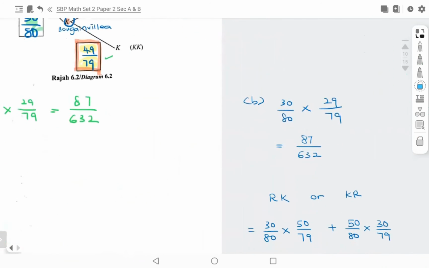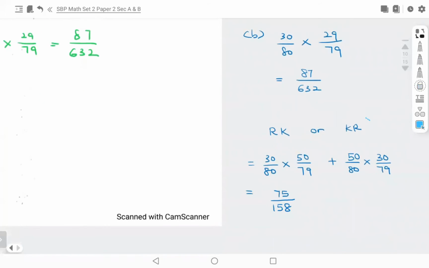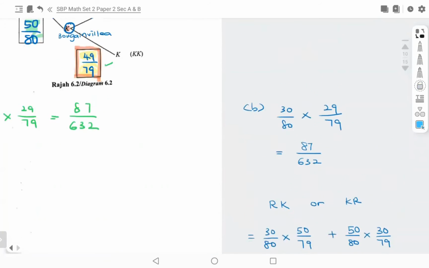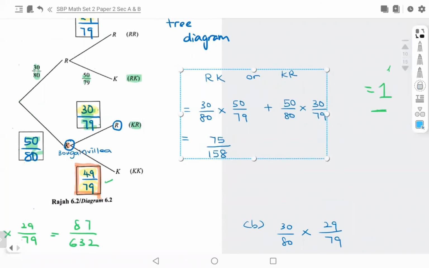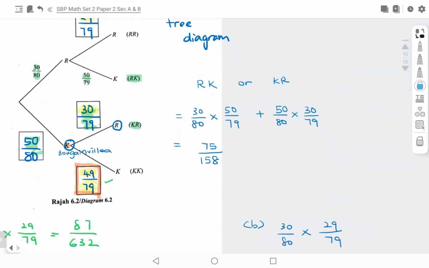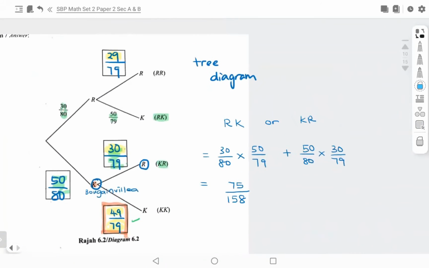Both events are accepted, so we have to total up.